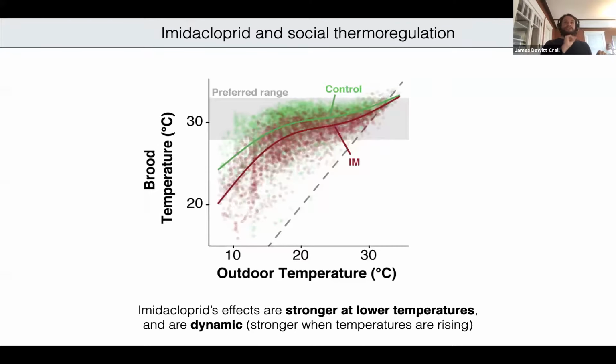But as temperatures start getting colder, that effect becomes more apparent. And also, it's dynamic. I'm not showing you this here, but it looks like the particularly strong effects are on the ability of a colony to recover from cold temperatures. So when temperatures are rising, that's when we see the strongest effects.